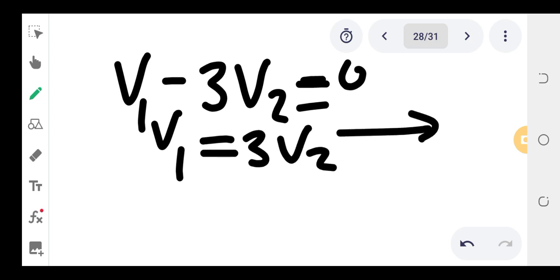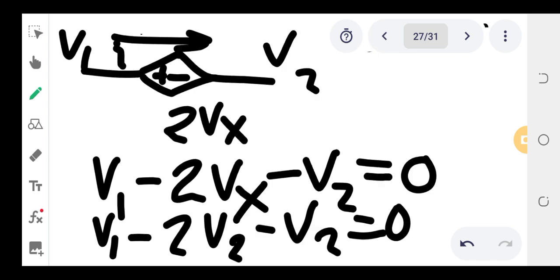This is our equation 2. So we now have everything in terms of V1 and V2. The next thing I'll do now is to solve these two simultaneously.